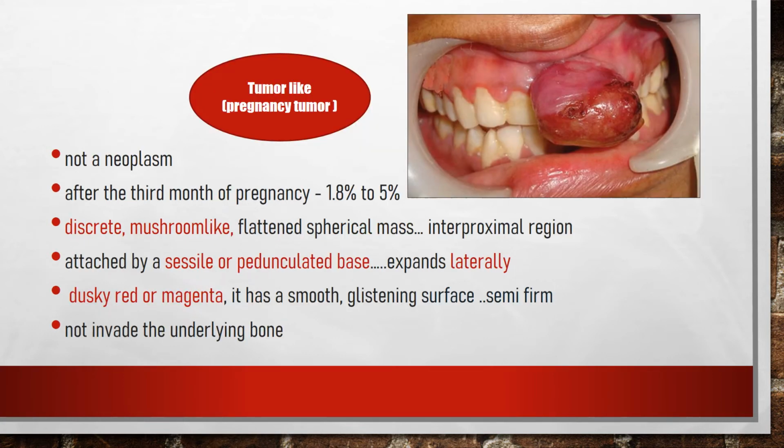Moving on to the tumor-like gingival enlargement or angiogranuloma, the so-called pregnancy tumor. It is not a neoplasm. This usually occurs after the third month of pregnancy, but it may also occur earlier. The reported incidence is 1.8 to 5 percent. It appears as a discrete, mushroom-like, flattened spherical mass which protrudes from the gingival margin, mostly in the interproximal region.